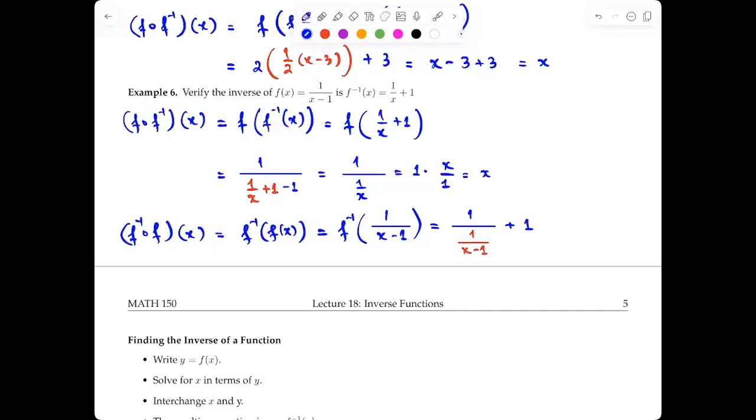Hopefully, these two calculations show you that there is a different approach to getting the x. So you have to be careful. Here, for the first term, 1 over 1 over x minus 1, you divide a fraction, so you multiply by the reciprocal. We haven't touched the second term. So this one becomes x minus 1.